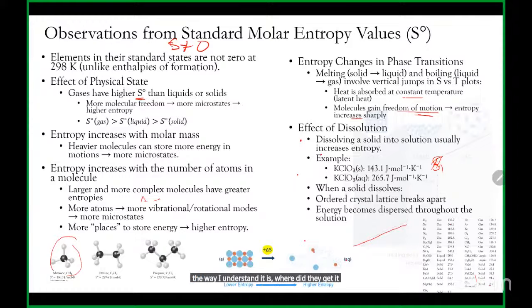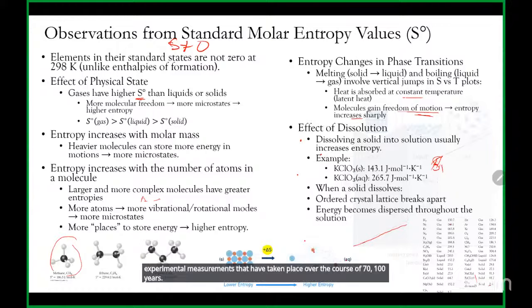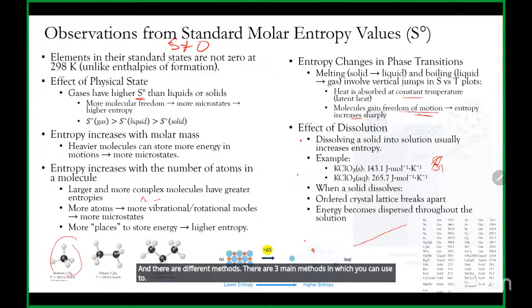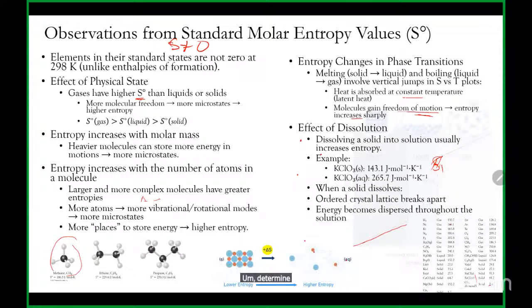There are so many experimental measurements that have taken place over the course of 70, 100 years. And there are different methods. There are three main methods which you can use to determine entropy.